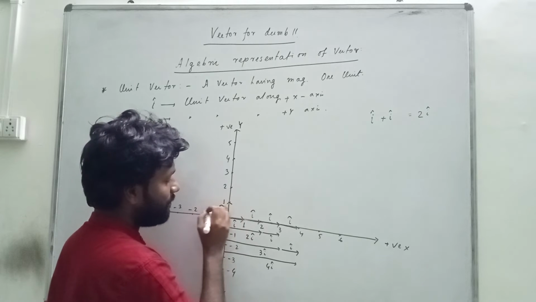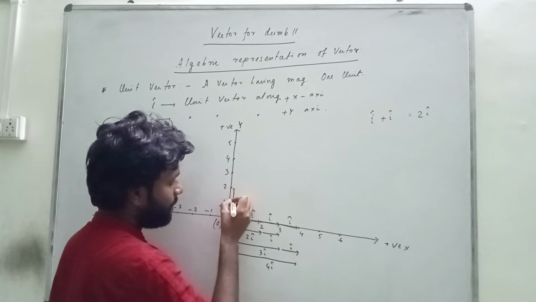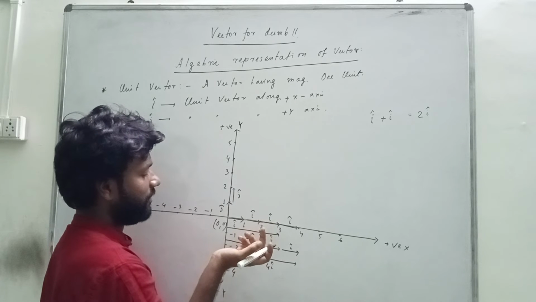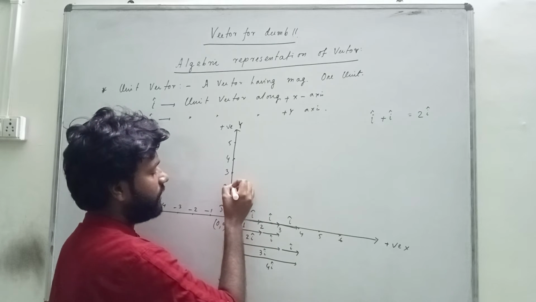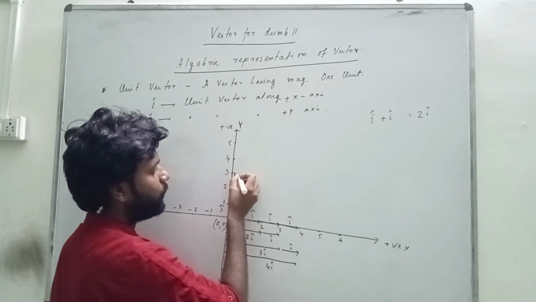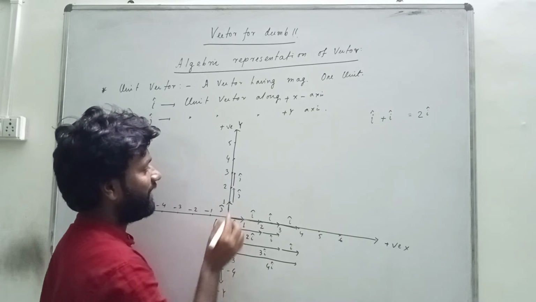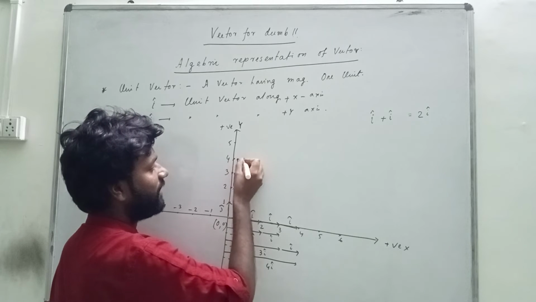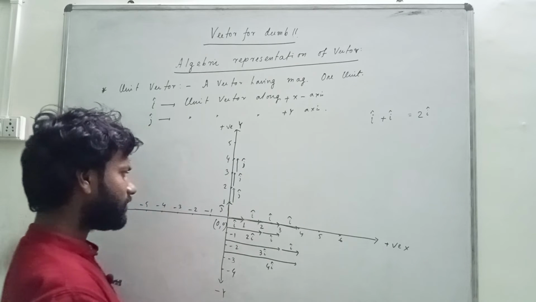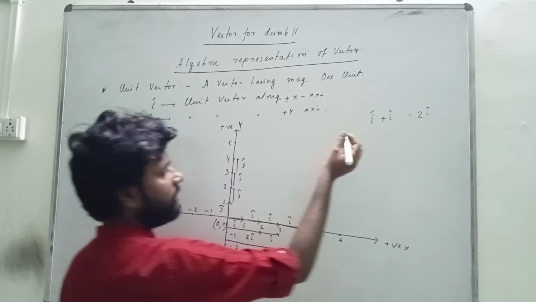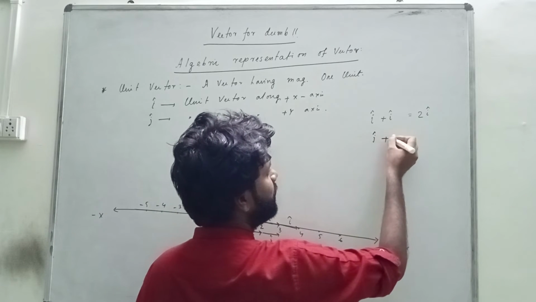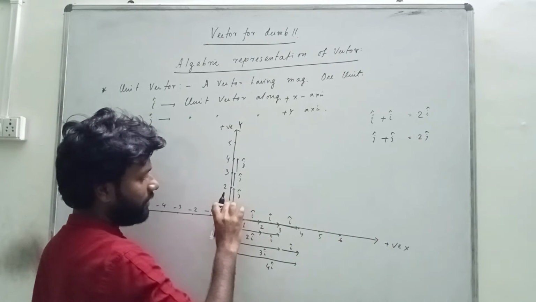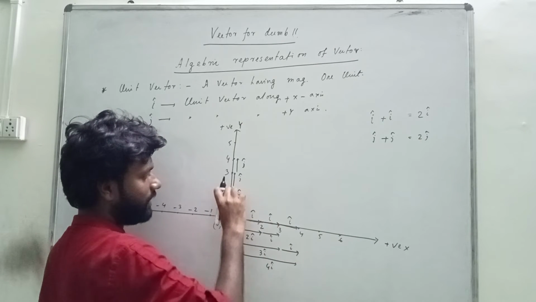So it is j cap, and 1 to 2 is another step, another j cap. 2 to 3 is another j cap, and 3 to 4 is another j cap. So j cap plus j cap means 2 j cap. Very simple case, just add j cap plus j cap.